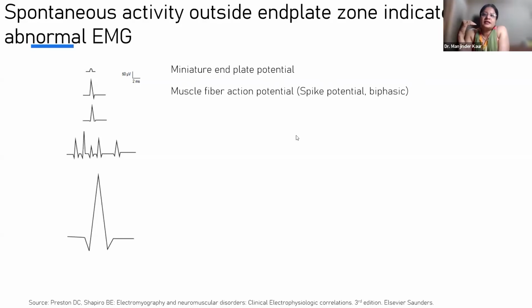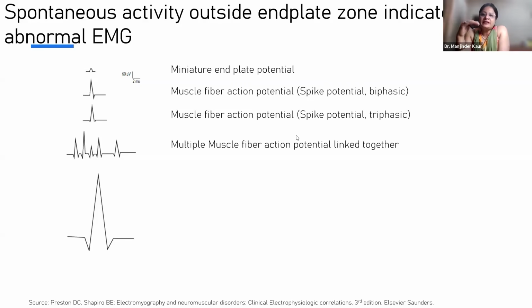Once the synaptic vesicles they fuse to a level which results in the full-fledged action potential or a spike potential, so you get a muscle fiber action potential. And if multiple muscle fibers they are getting activated, it may give us a multiple muscle fiber action potential which can be linked together.